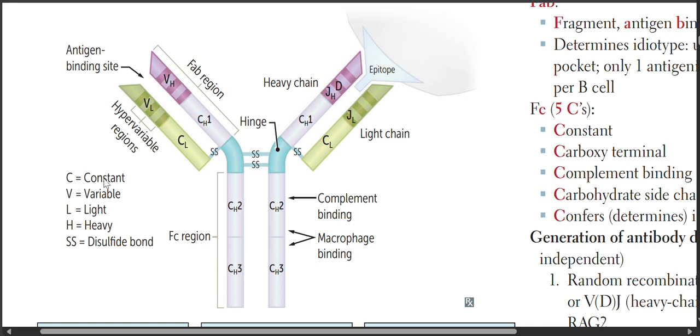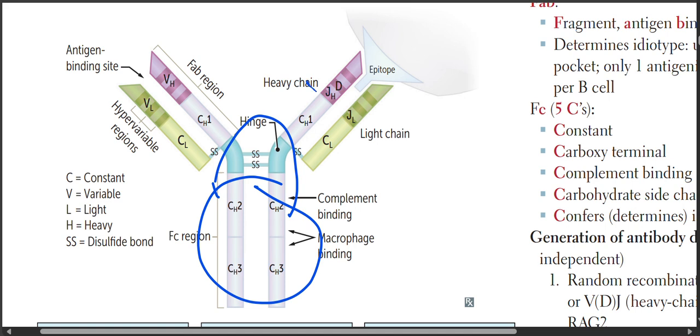Remember that if this is an antibody, this is the fixed component of the antibody. This part here is the fixed component because for any type of antibody, this will remain constant. Any antibody you pick up will always have this structure. Actually, it will also have the hinge. All of that will be constant in every antibody.